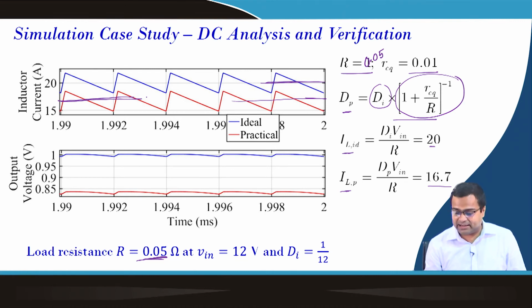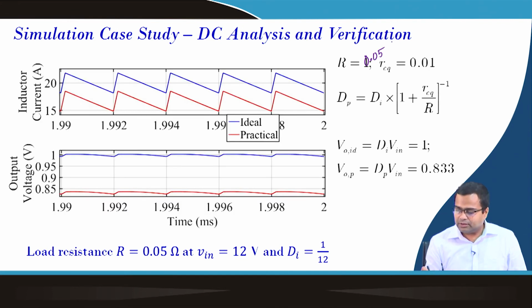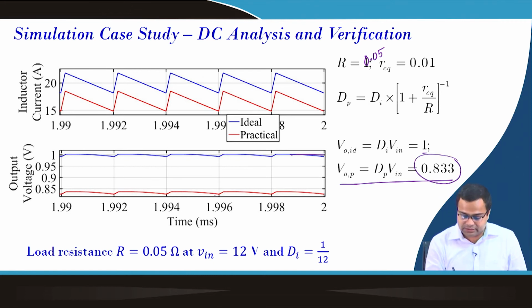Now, coming to the practical output voltage. If we calculate, again R should be 0.05. My ideal output voltage is 1 volt, which is like this, but the practical one comes to be 0.833 volt if we take this average.